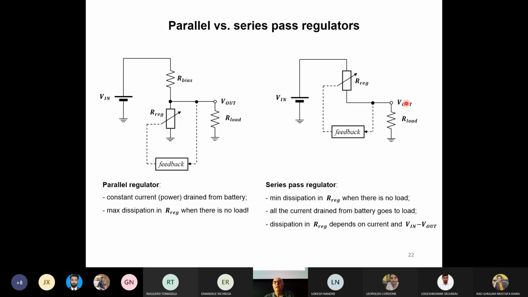Okay. Usually, in a real system, you need to always place a small resistance in order to keep the partitioner, even if the load is not there. A small or a big resistance. You need some resistance in order to close the circuit to ground. Okay. But in principle, if you don't want output voltage, you just open the circuit.